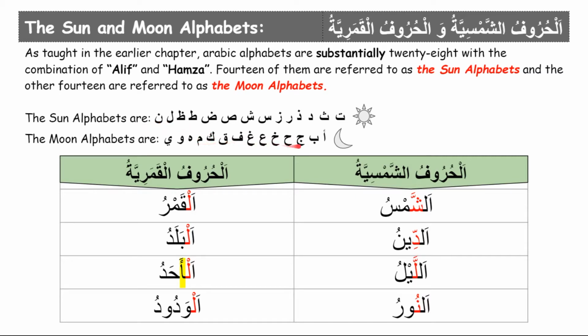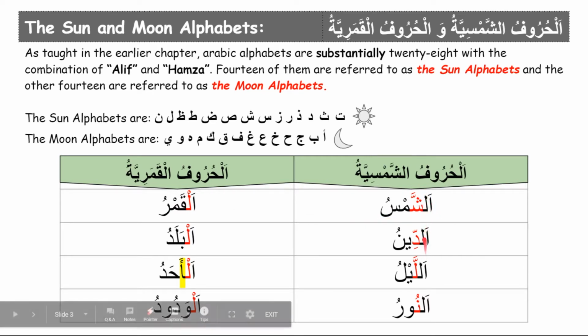For the moon alphabet we have hamza, ba, jim, ha, kha, ain, gain, faf, qaf, kaf, mim, ha, waw and harf ya.